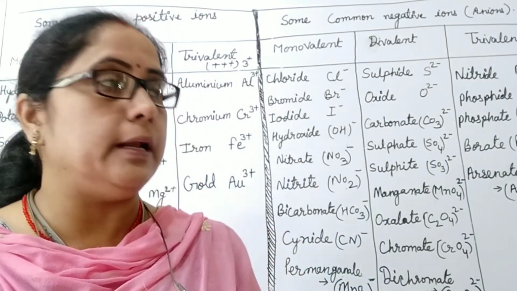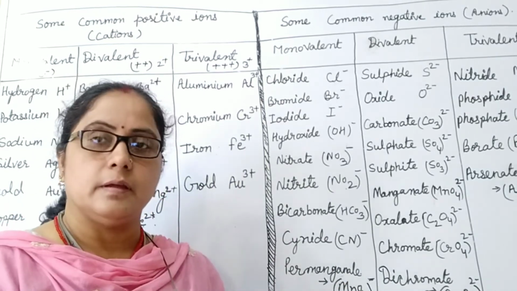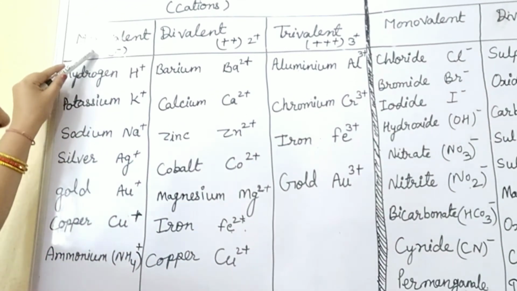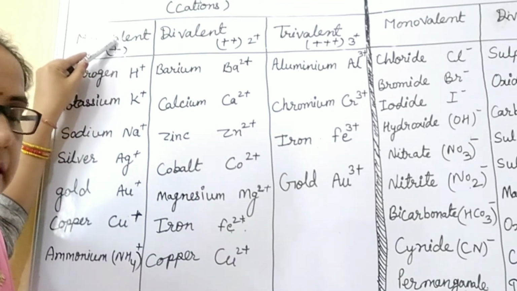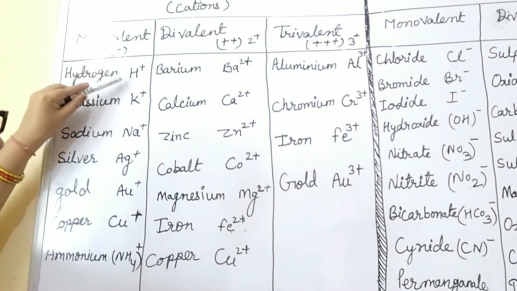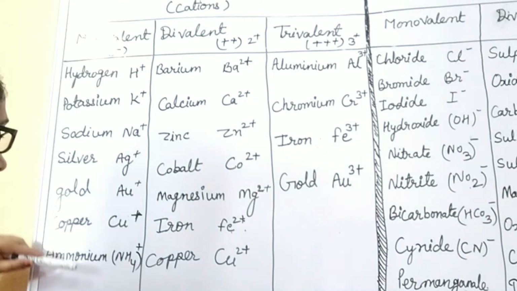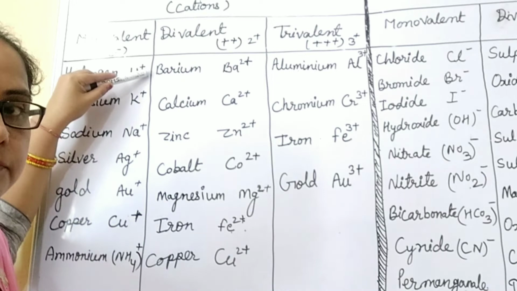So all these cations and anions should be remembered. Now we will start with the cations. Those cations which carry 1 positive charge are called monovalent cations. Monovalent cations are hydrogen, potassium, sodium, silver, gold, copper and ammonium. They all contain 1 positive charge.